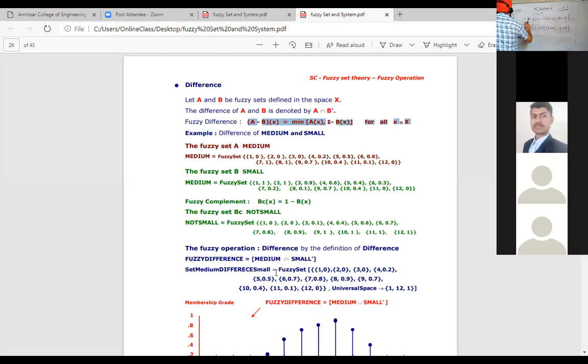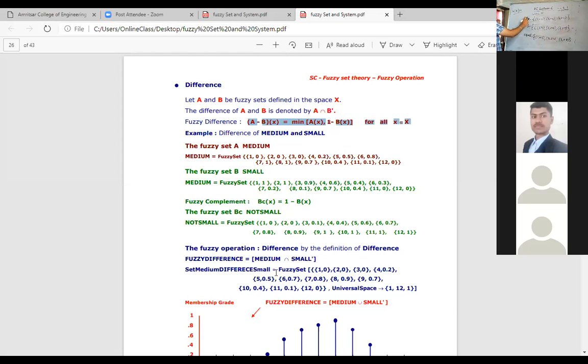So this is set A, this is set B. You have to find A minus B. How will you do it? The first step is to find 1 minus B, or B complement. What is B complement here? For 1 it is 0.6, because it was 0.4 here. So its complement will be 0.6. For 2, 0.4. For 3, 0.8. Now you forget this.